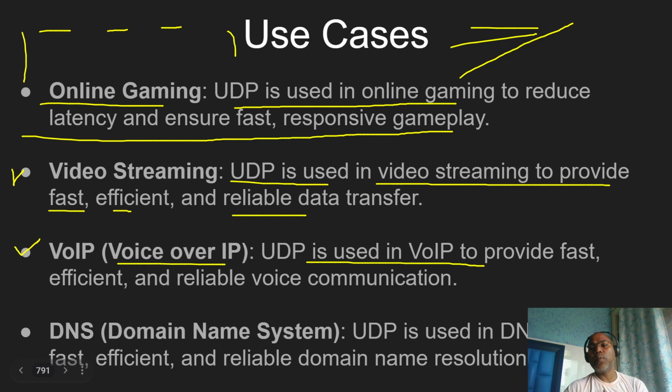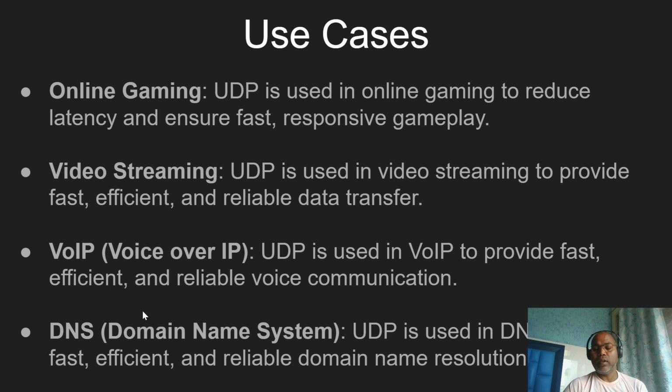Multiple connections, multiple routes, multiple paths are followed, and each datagram packet is received by the receiver as fast as possible so that the data can be displayed. Similarly, DNS also uses UDP to resolve your host name to the IP address as fast as possible, so that your applications work.